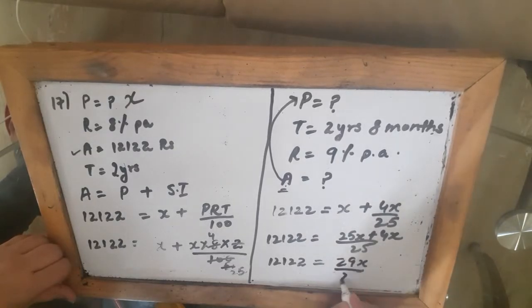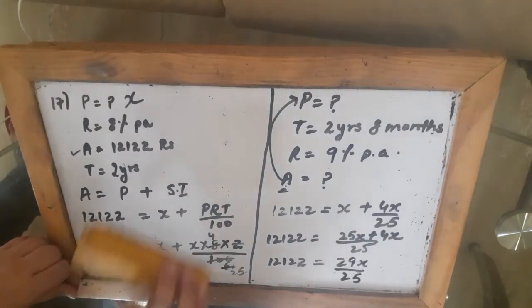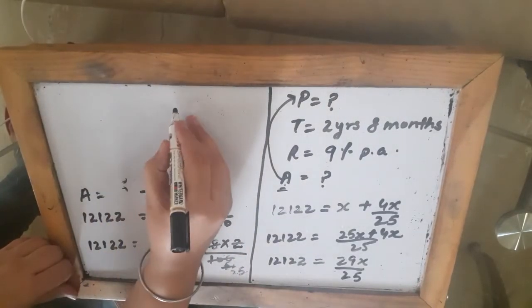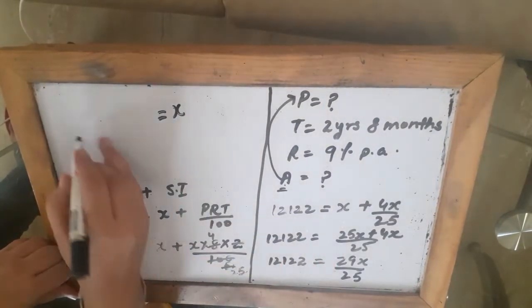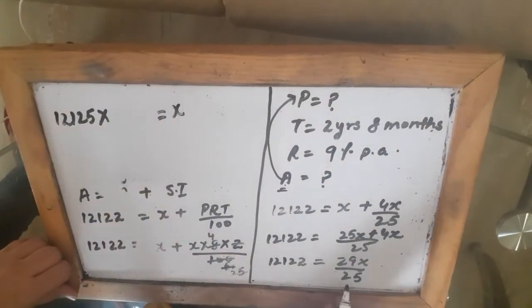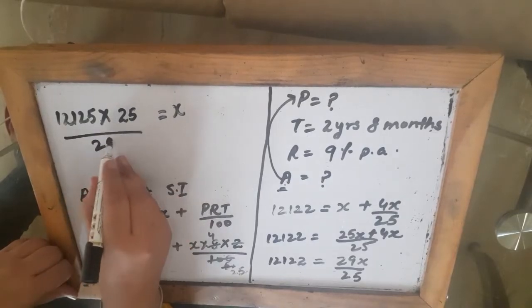29x upon 25. Now to find out x, what will you do? To find x, you will send 29 by 25 to the other side, and it will become a reciprocal. So 25 will come up and 29 will go down.